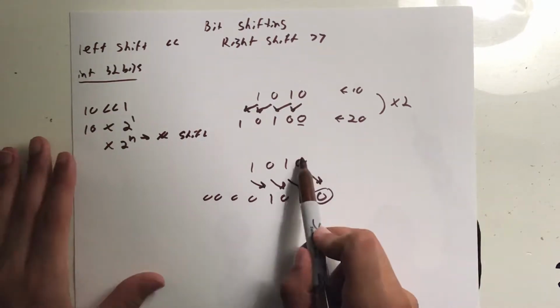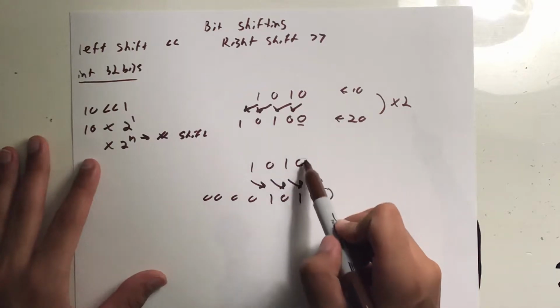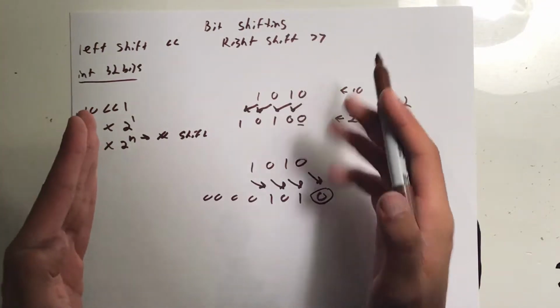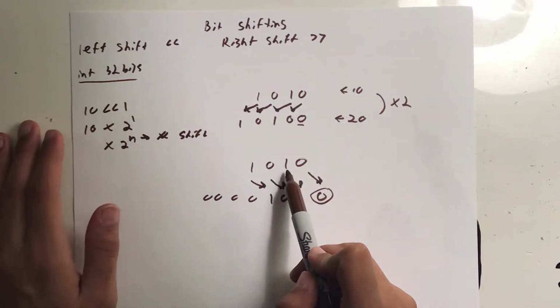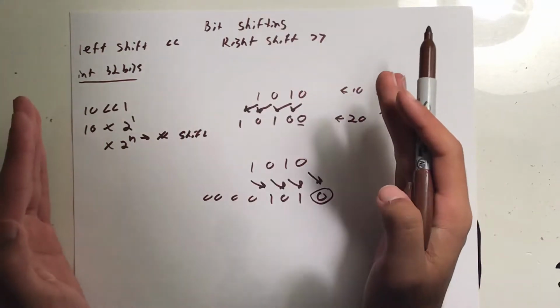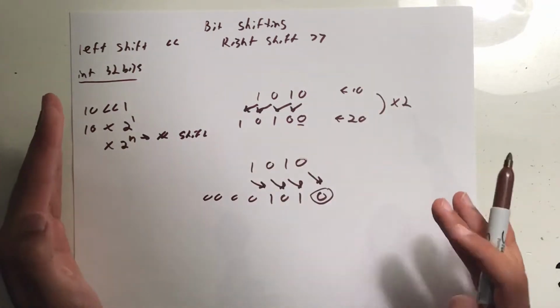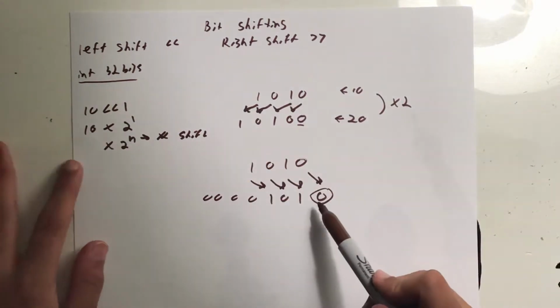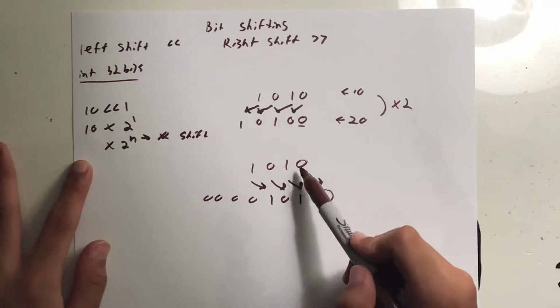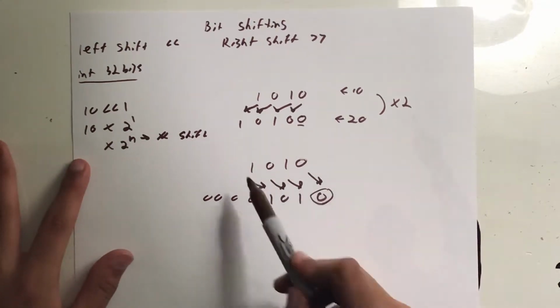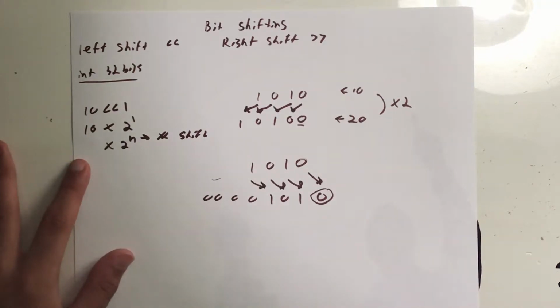Remember, this was your beginning bit. This is your ones place, your beginning bit. We're shifting it this side, right? Now this one is going to be your new one. So essentially, this 0 is removed. So if you're going to shift right 2 times, you're going to cross out the first 2 bits, and then fill the rest of these guys with zeros.